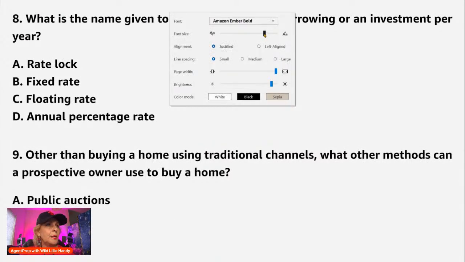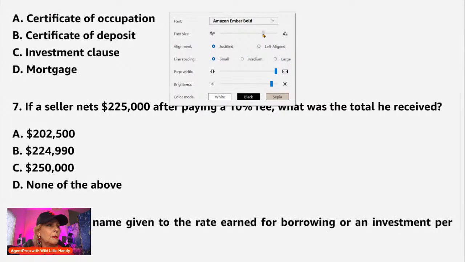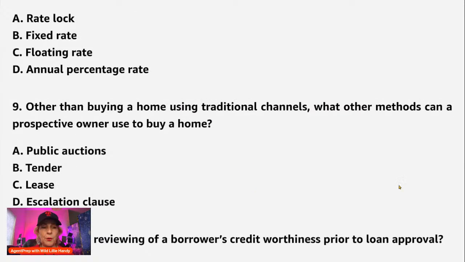Okay, number 9. Other than buying a home using traditional channels, what other methods can a prospective owner use to buy a home? A, public auctions, B, tender, C, lease, or D, escalation clause.